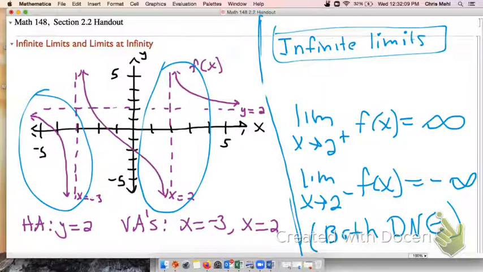That's just the end behavior of a function, what's happening on the ends. An infinite limit is just any limit where x approaches either a value or infinity, and the function behavior is described by writing either infinity or minus infinity, depending on if the function is increasing or decreasing without bound.